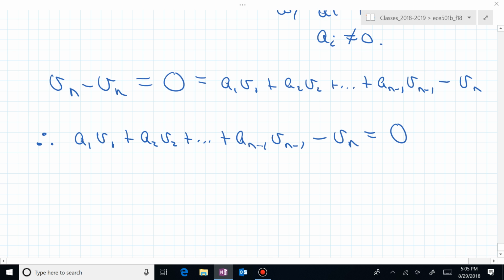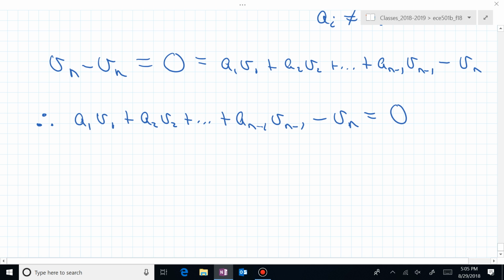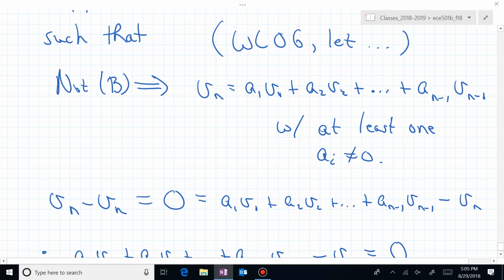Why do I need one of the A's to be non-zero? Here I know that V sub n is some non-zero right-hand side. So I know that one of those A's, A1 through A sub n minus 1, is non-zero. And V sub n is not 0, because we started with a non-zero set of V1 up to V sub n.